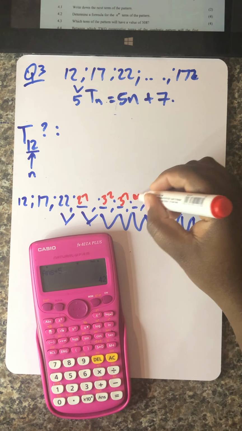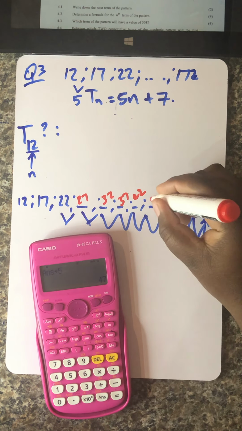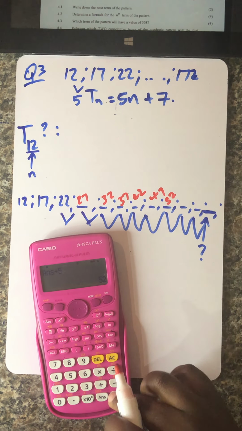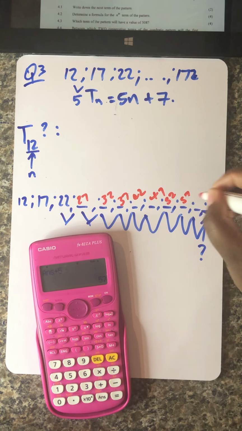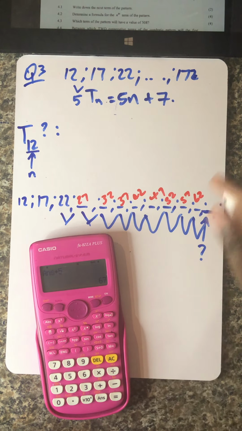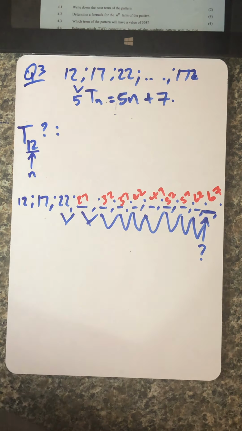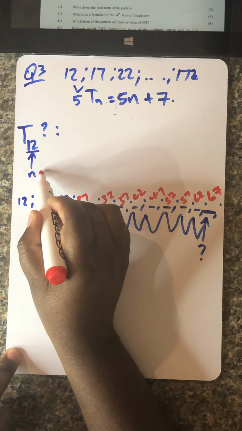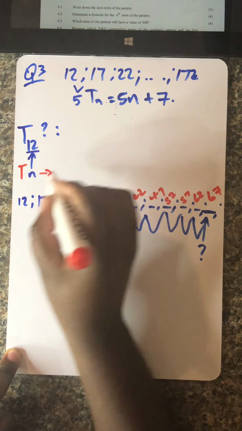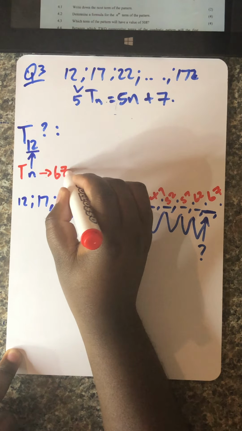Equals 42, equals 47, equals 52, equals 57, equals 62, equals 67. So now, can you see, guys, the answer that we get for T12 is equal to 67.